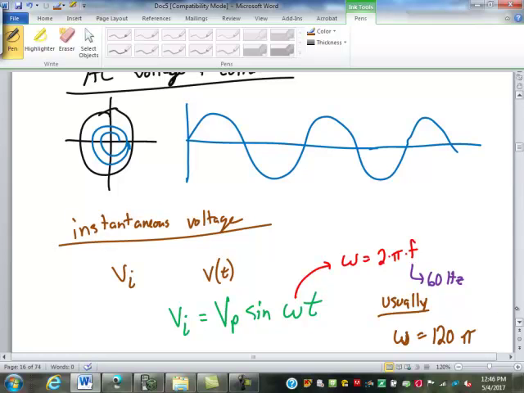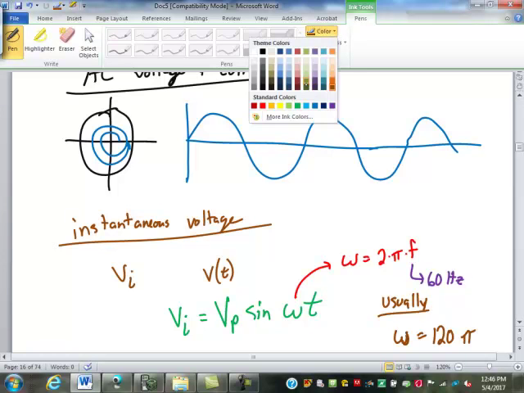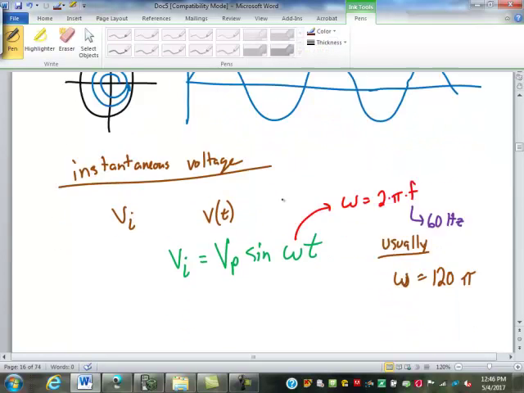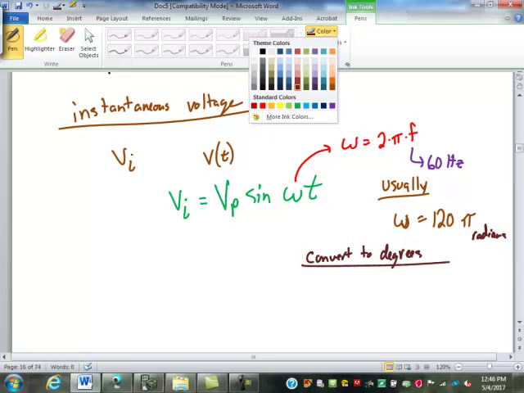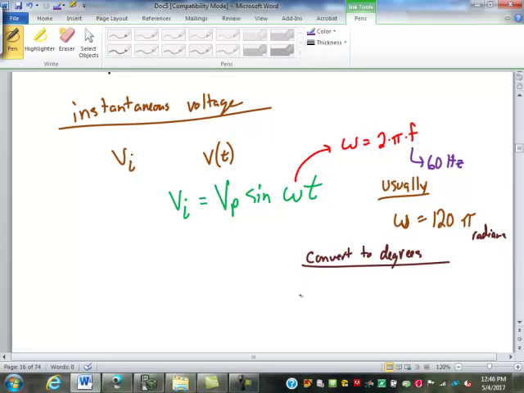Now that is in radians, not degrees. So we've got to make that shift now, where you change your calculator over to radians. Or if we wanted to put it in degrees, this is radians. If you want to convert to degrees, remember it is 120 pi radians over 1.